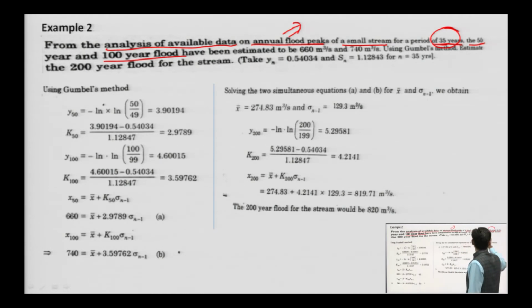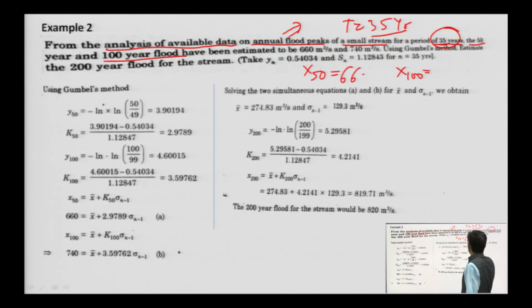For a period of 35 years, return time means t is equal to 35 years. For this data we calculated the values of x 50 and x 100, that have been estimated.